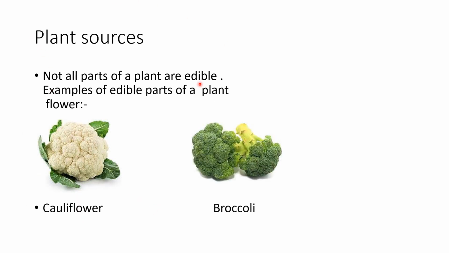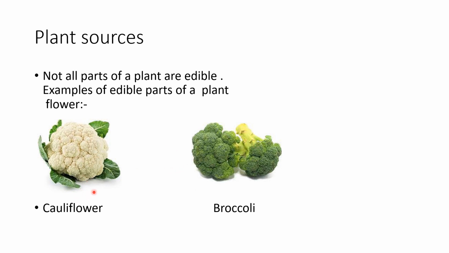So plant sources. As we discussed, a plant has parts. There are 5 parts of a plant, and not all parts of a plant are edible. Now, for the example of flower, we have cauliflower and broccoli. These two are flowers of a plant.